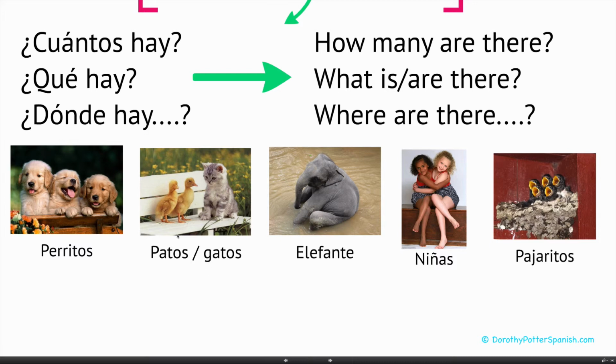That's right. Hay dos patos. ¿Cuántos gatos hay? How many cats are there? That's right. Hay un gato. Hay un gato. Hay dos patos. ¿Dónde hay gatos? ¿Dónde hay patos?